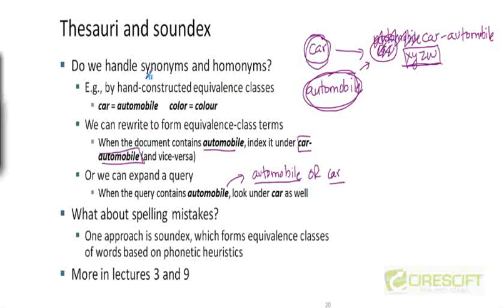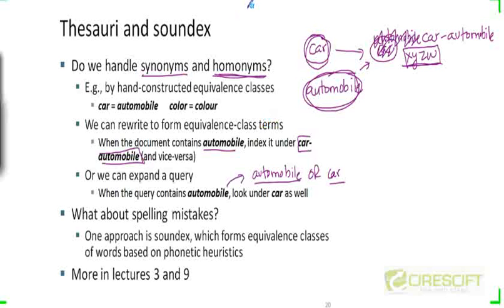So synonyms are different words that mean the same thing. Homonyms, on the other hand, are instances of the same term but with different meanings. So this is different words, same meaning. Homonym is the same word but different meaning.